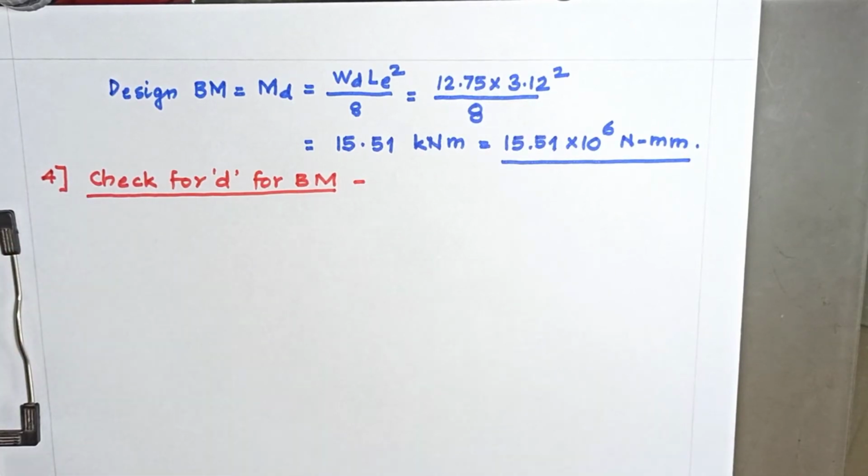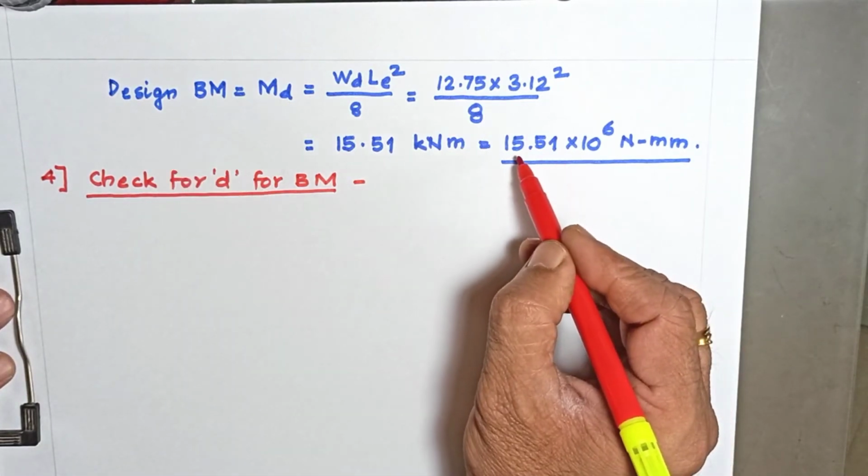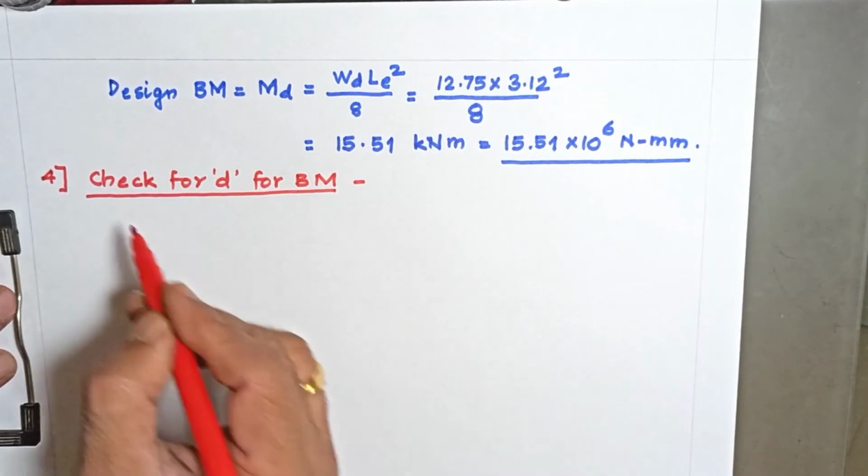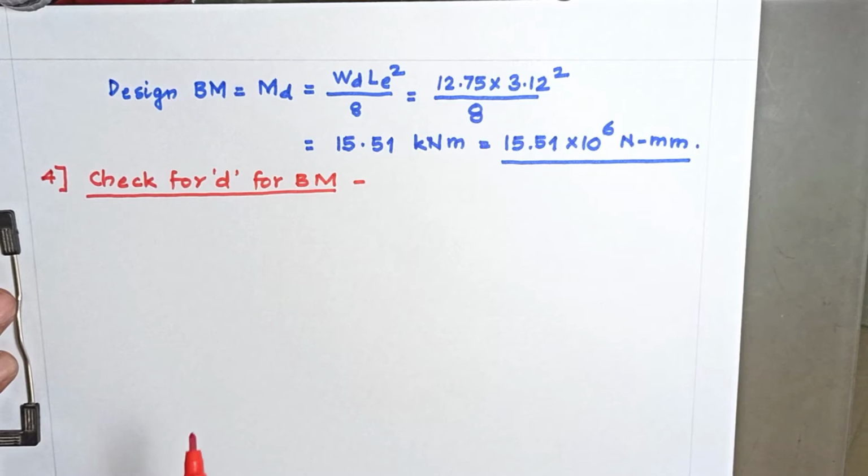Now the bending moment is calculated. What is the depth required to resist the bending moment? It is also important to find out, and for that purpose, whether this D which we have provided, that is 120 mm, is sufficient to resist the design moment of 15.51 kilonewton meter or not. For that purpose this step is taken.